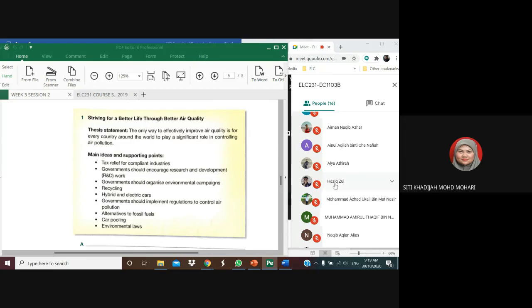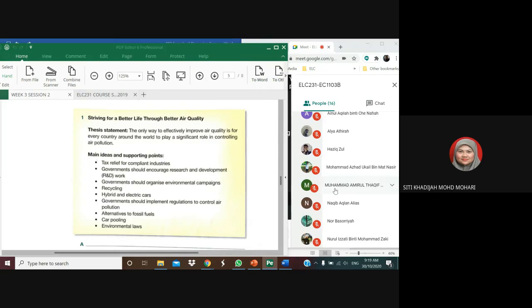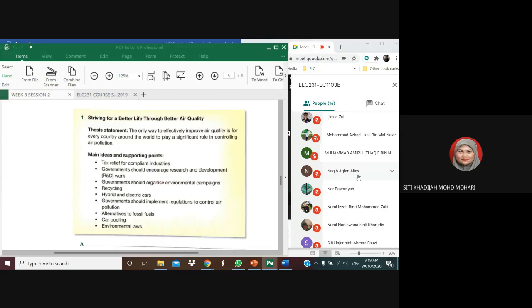Okay, now Nakib Aklan, the last one. What is the last topic sentence? Government should encourage research and development, R&D work. Okay, so the supporting details? Hybrid and electric cars, and alternatives to fossil fuel.